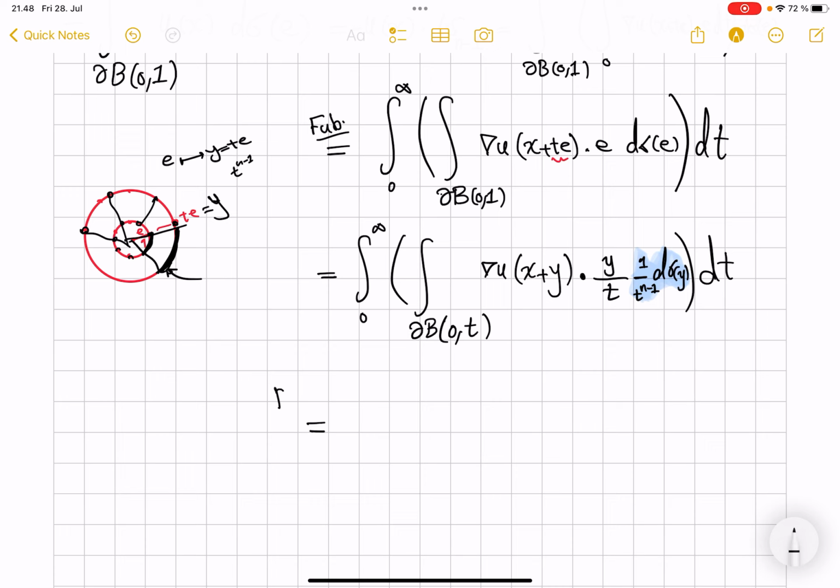So by using polar coordinates, or rather the reverse of it, this is nothing other than integrating over Rn that function. But what is that function? So this is gradient u.